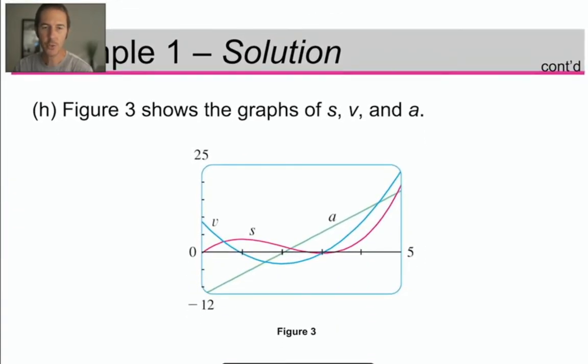And in H, we were asked to graph the position, velocity, and acceleration curves all on the same graph. You're welcome to do this on a graphing calculator, and if you do on a graphing calculator or in Desmos or some other application, I recommend doing what was done here, which is changing your window dimensions.